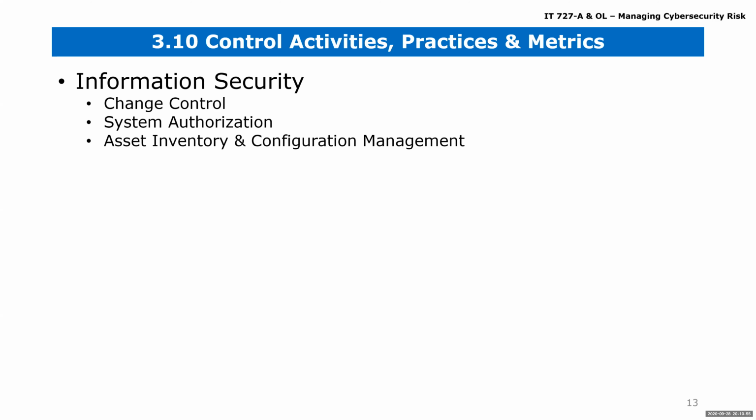If you remember back in chapter 1, when we were doing the risk identification, we talked about how risk can be identified within software, OS, network, hardware devices, all of those things, right? So change control.